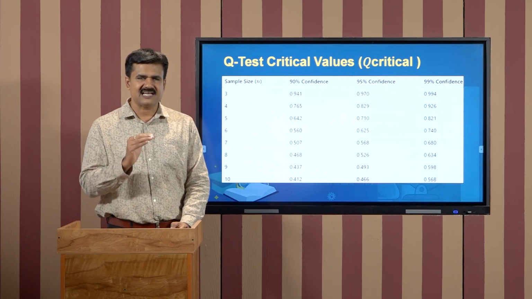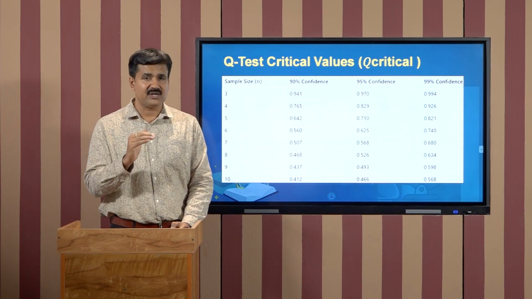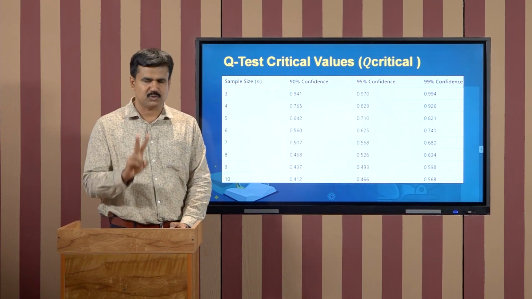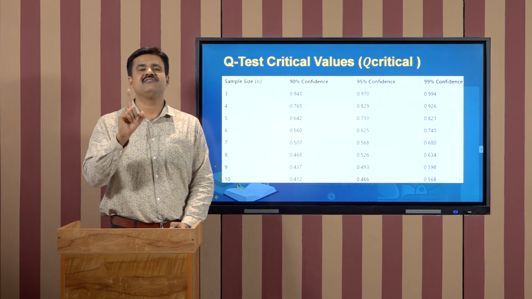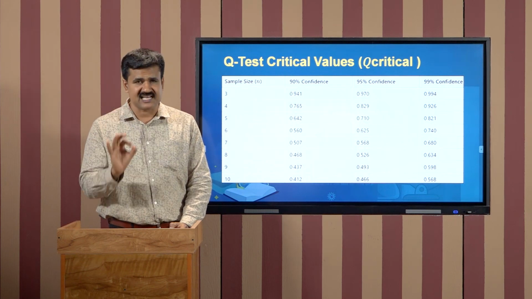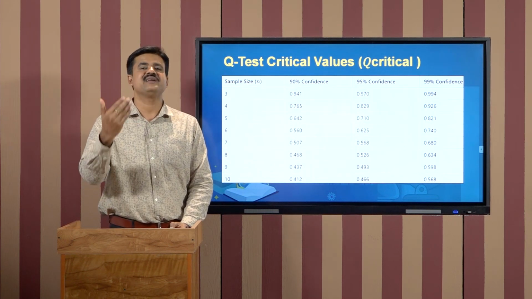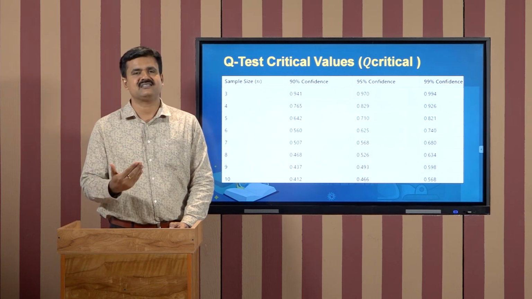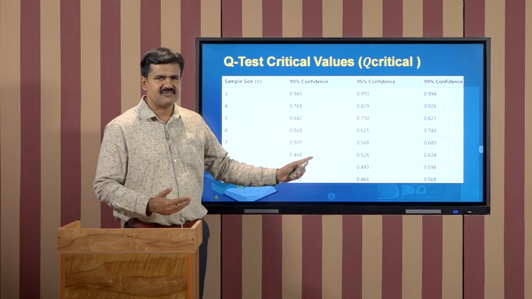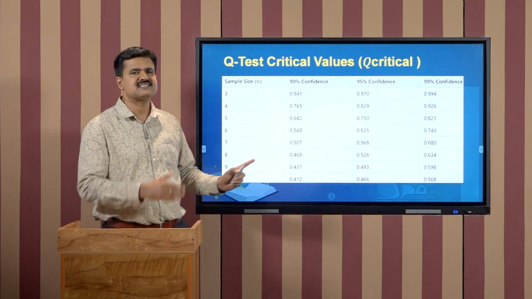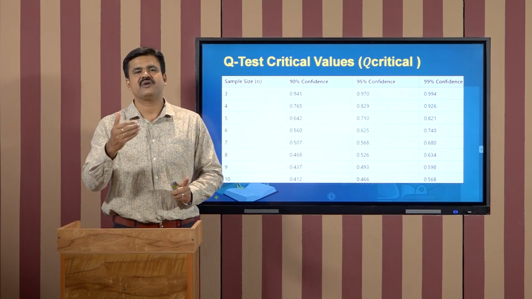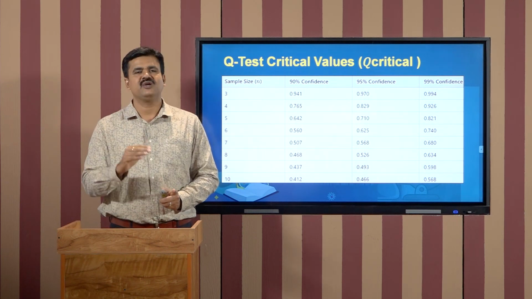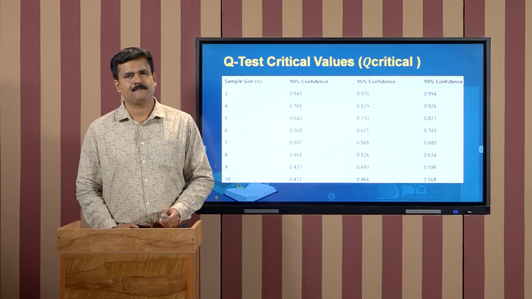So, you can take a particular Q value, that is Q critical, from this table by noticing two things. First, the number of measurements N, and second, the confidence limit. The confidence limit is 95%, and if the sample size is fixed, you can pick up the corresponding Q value from this table, and that Q value is called Q critical.